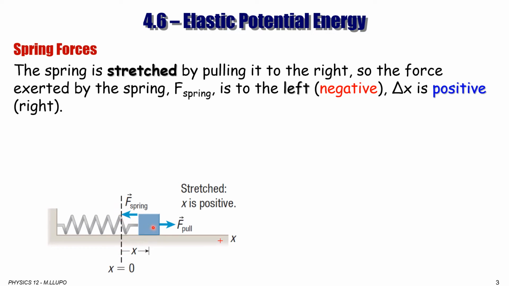So while the force is pulling the box to the right, the spring is trying to restore, pulling the box back to the left. Since we label the right to be positive, that means the spring force or elastic force is negative.